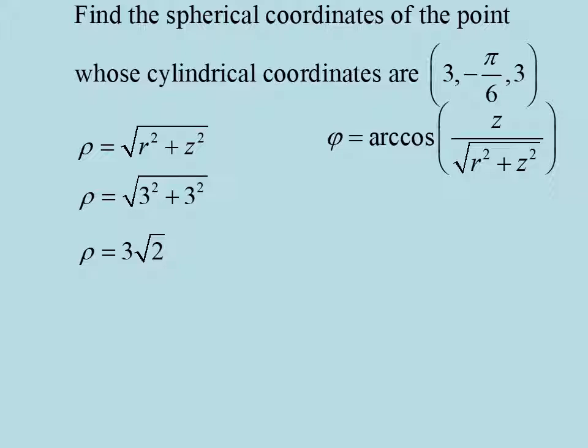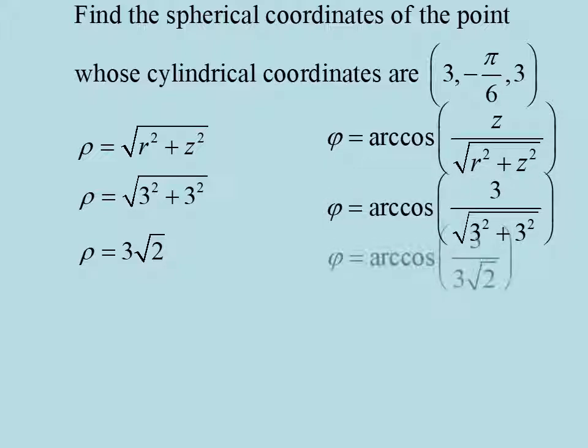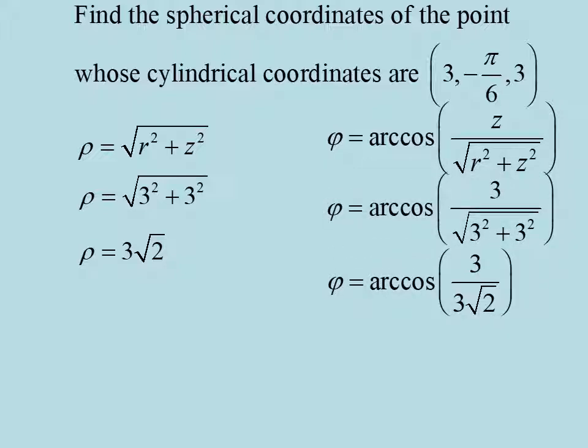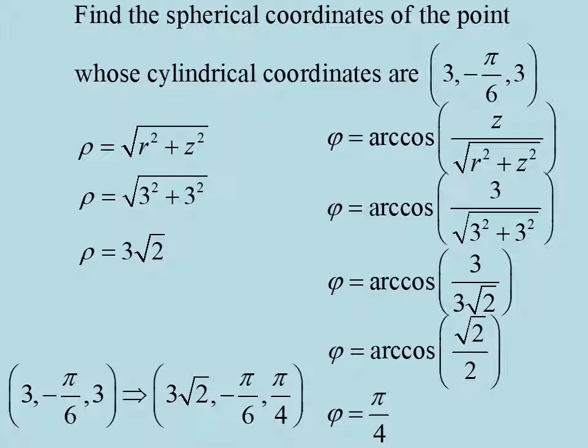If we do the arc cosine of Z over, now remember the bottom is rho, we end up with the arc cosine of square root of 2 over 2, which we probably recognize. And remember, the negative pi over 6 stays the same.